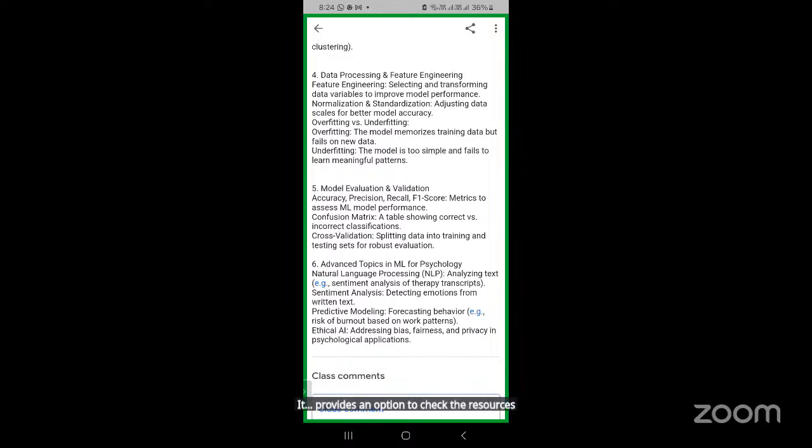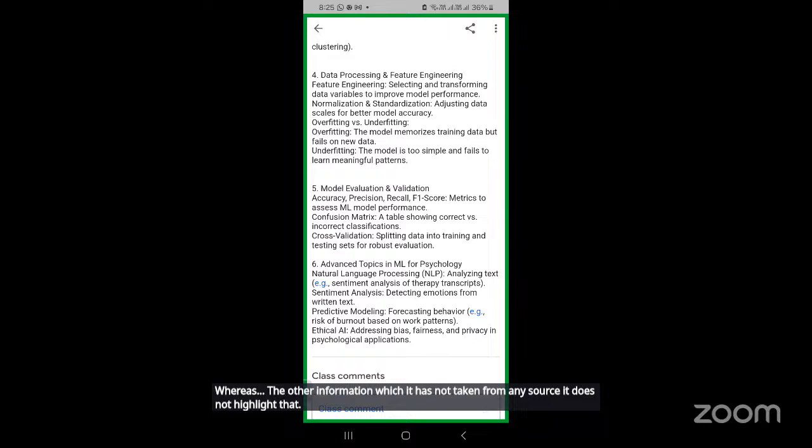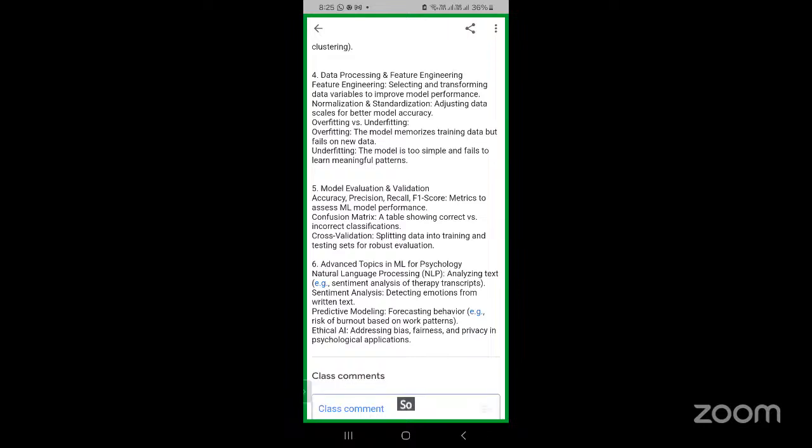It highlights in green those lines which it is referring from some source, whereas it does not highlight the other information which it has not taken from any source. So my understanding is that it is to remove the scope of error for the model.